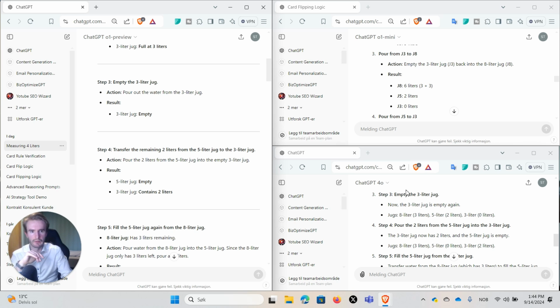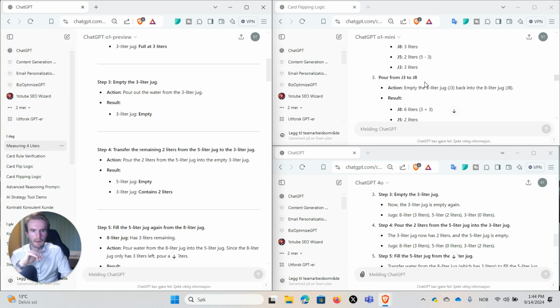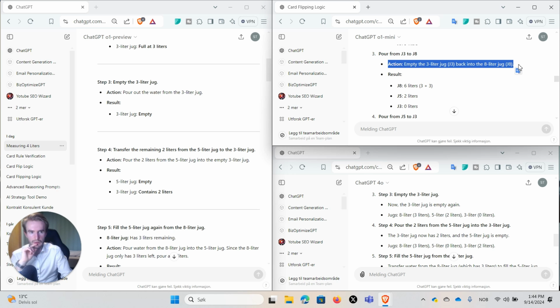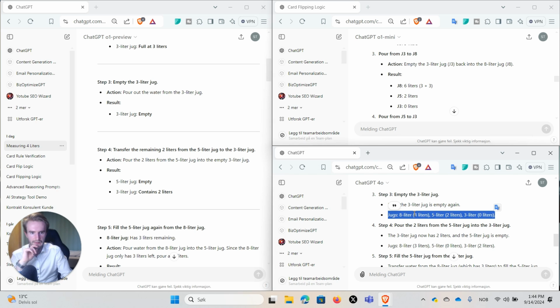And here it says empty the 3-liter jug, while O1 Mini has gone to empty the 3-liter jug back into the 8-liter jug. So here it actually transfers it over to the 8-liter jug again, while in this case it empties the 3-liter jug. Empty jugs. 3 liters, 2 liters.